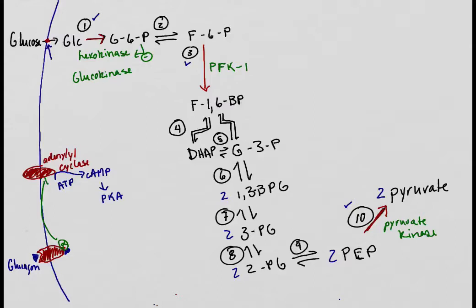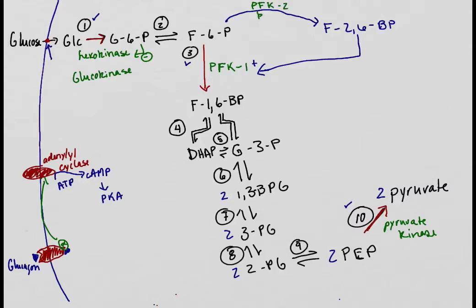So PFK2 can act on fructose 6-phosphate, making fructose 2,6-bisphosphate. Now, fructose 2,6-bisphosphate is a feed-forward activator of PFK1. It upregulates it. It's like an exotic form of feed-forward activation. The enzyme PFK2 has two activities. It's got a kinase and a bisphosphatase.